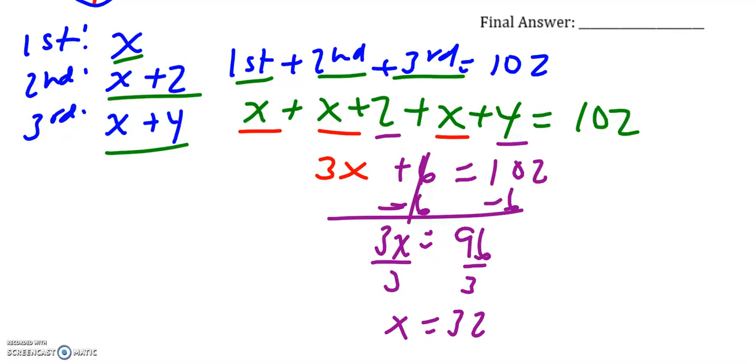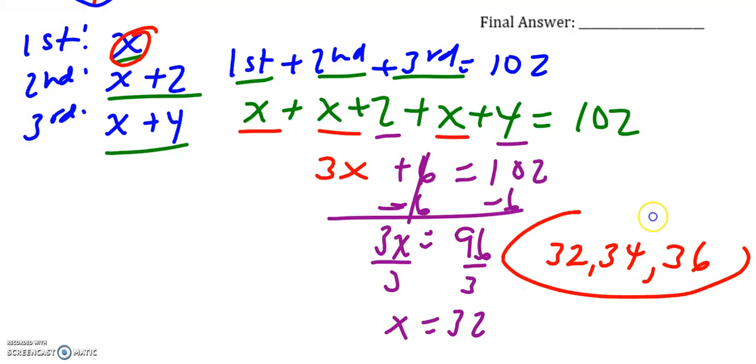But that has not answered the question yet, because x just represents my first number. So my first number is 32. My second number is 2 units farther, 34. And my third number is 2 units after the second number. So my numbers are 32, 34, and 36.